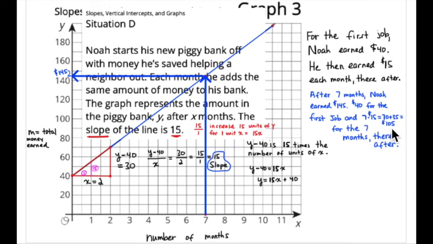So $105 plus $40 gets him up to $145. After 7 months, Noah earned $145, $40 for the first job, and 7 times $15 for the 7 months thereafter. So for every month he earns $15, but he starts off with that $40.